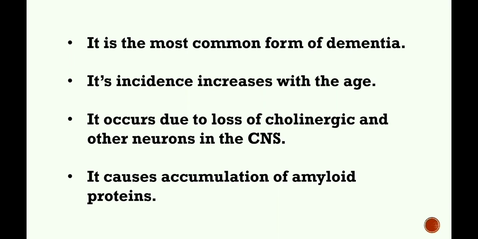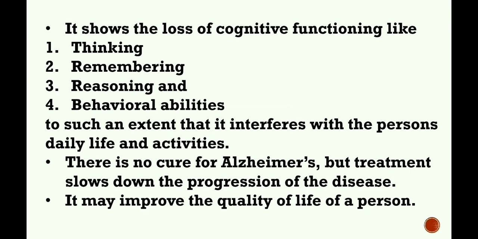It occurs due to loss of cholinergic and other neurons in the central nervous system, and near the neurons there is accumulation of amyloid proteins. Because of this accumulation, the functioning of the brain stops or becomes delayed, so it causes Alzheimer's disease.